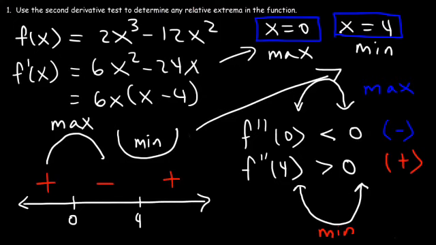So this indicates that we have a maximum at 0, which indeed we do, and going from negative to positive means the function decreases and then increases. So that is a minimum at 4, which we do have. That means that you can use the first derivative test to confirm the result.